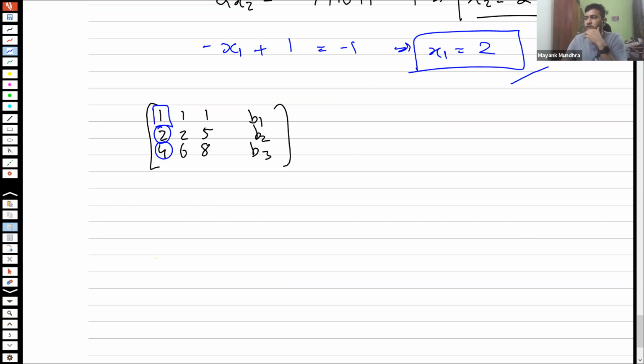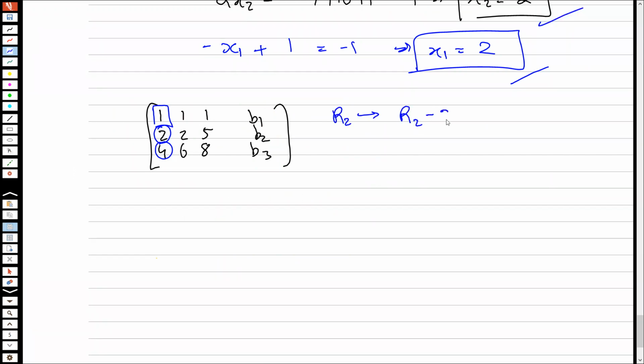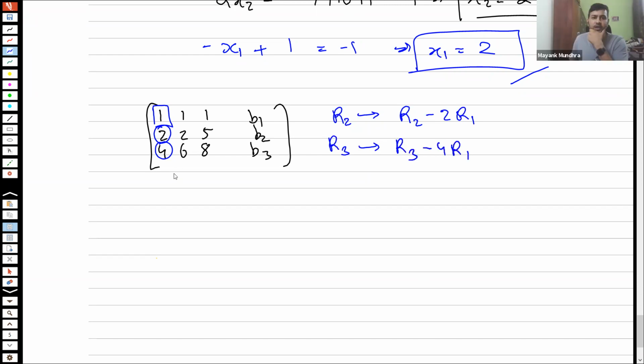Yuvakshi, what is going to be the row operation on row 2? R2 minus 2 times R1. Very good. And R3 will be R3 minus 4 times R1. Once you do these row operations, what are going to be these numbers?